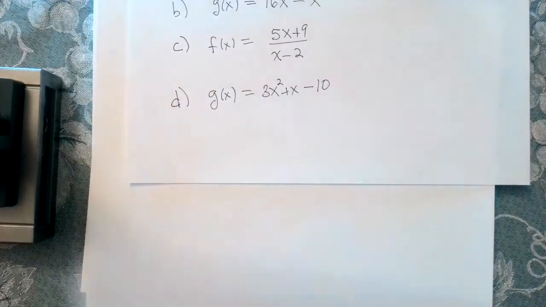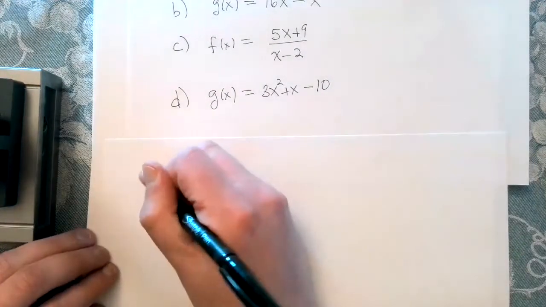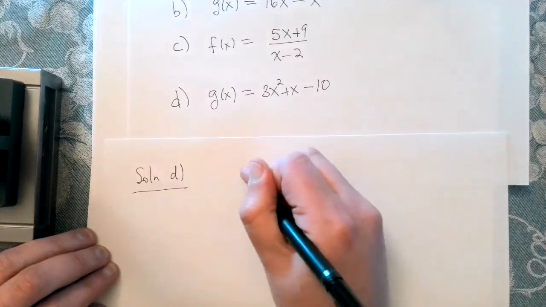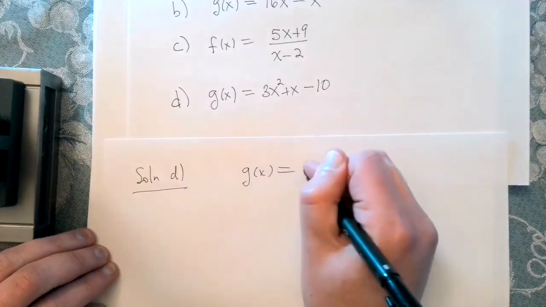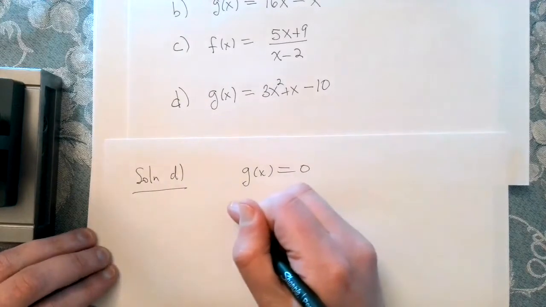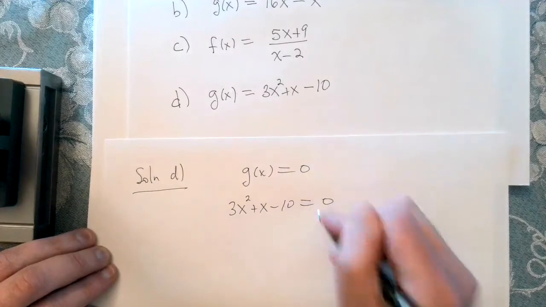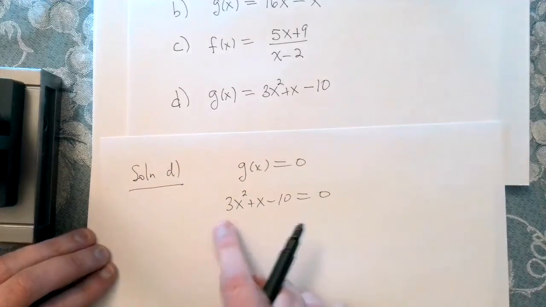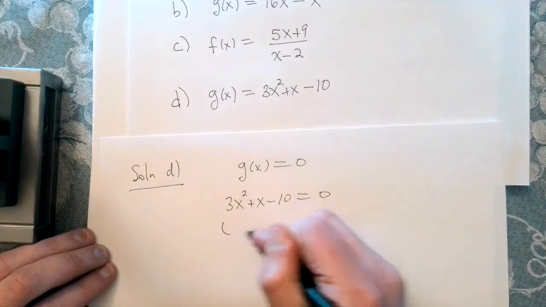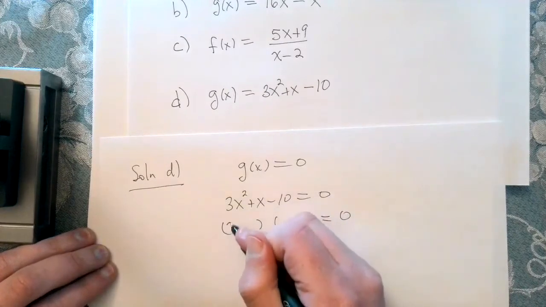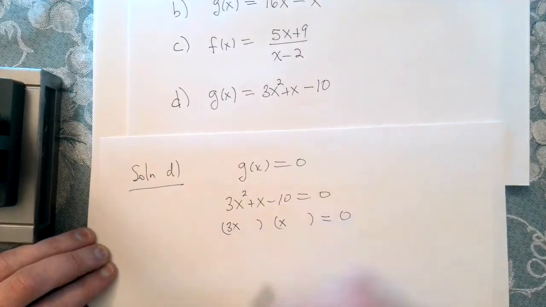And then let's try part D. Okay, so we want to solve this equation for x. Okay, so I think we should try and factor this. So we'll try 3x and x.